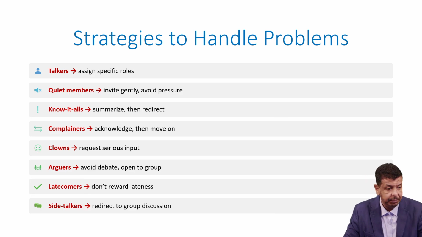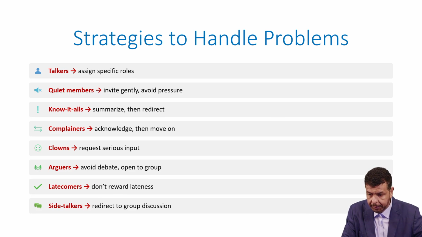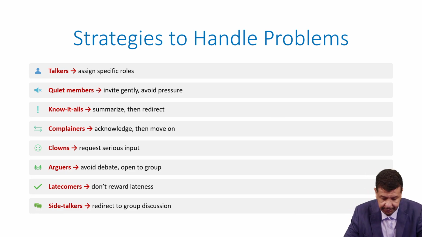You may have some people like clowns. You have to request serious input from them. Arguers, avoid any debate with them. Open the discussion to the group. Latecomers, don't reward lateness by going back and explaining to them what you discussed before they came. And for the side talkers, it's very important to redirect the group discussion.